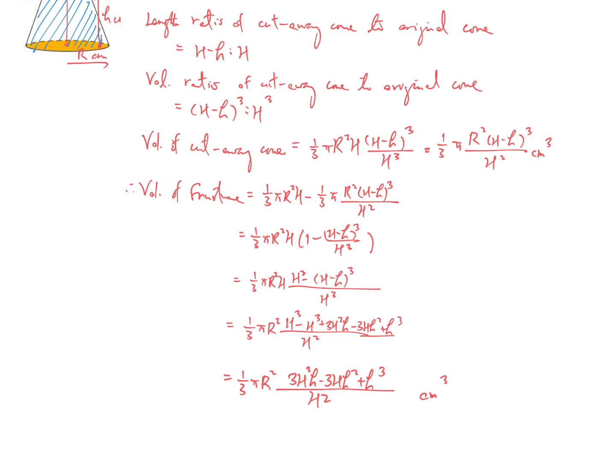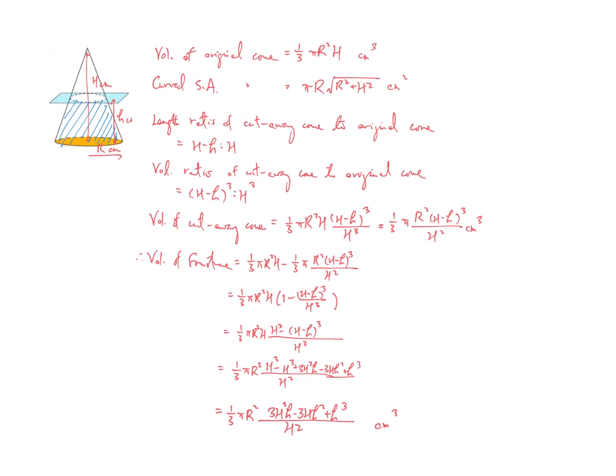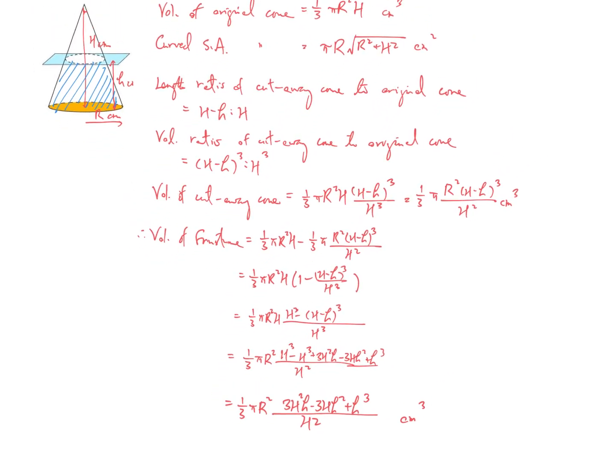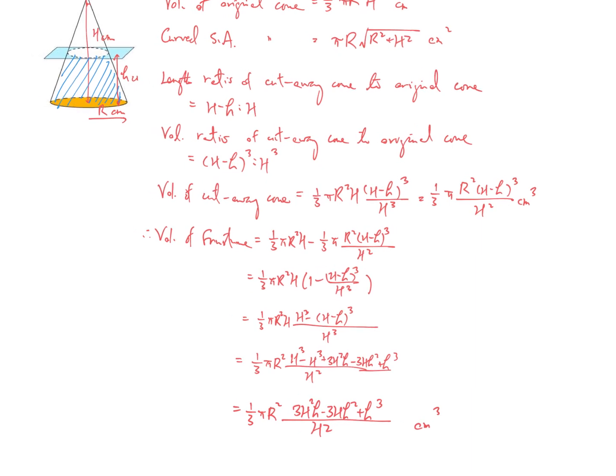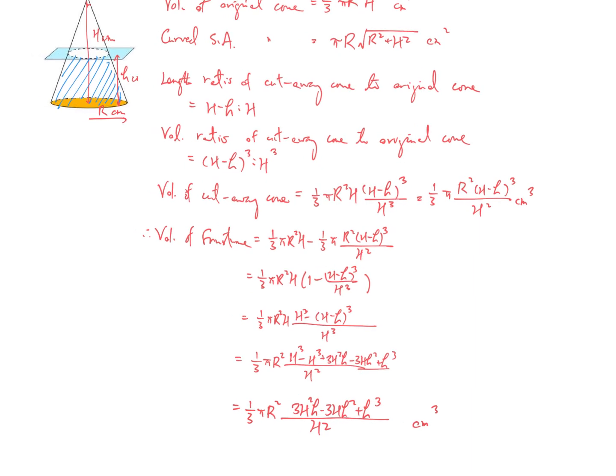Now, next, if we want to find the curved surface area of the frustum, we can repeat almost the same thing. There's no need to do everything all over again.